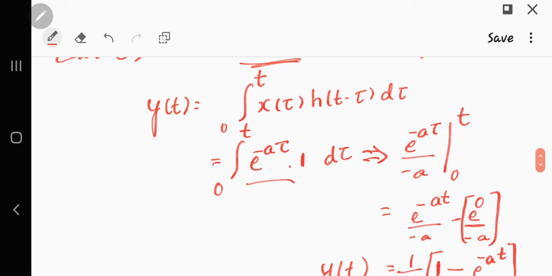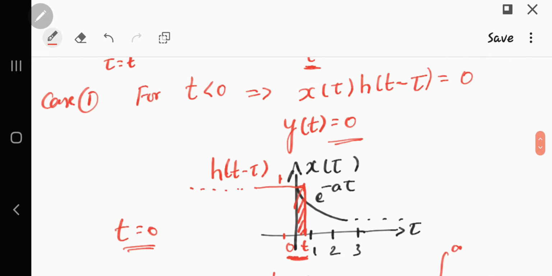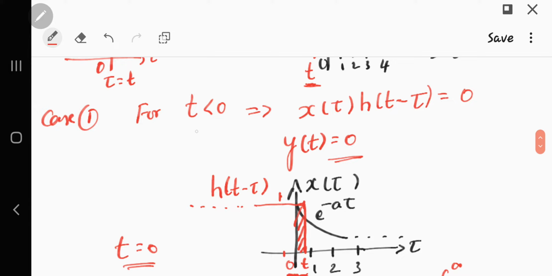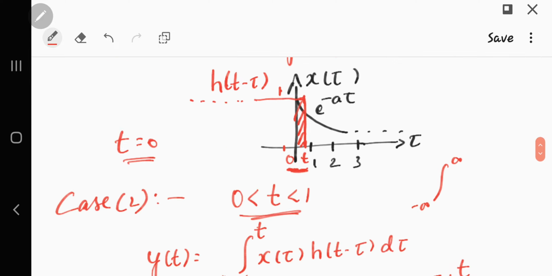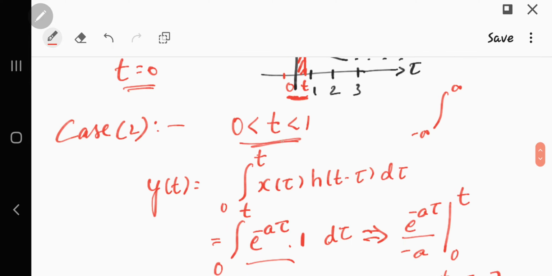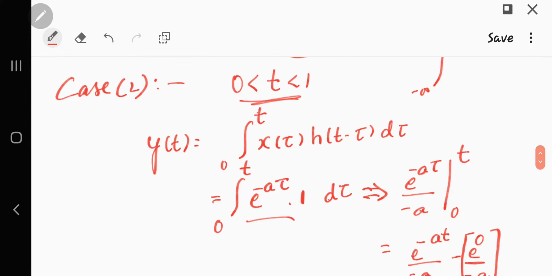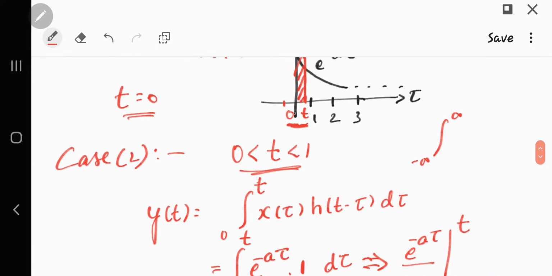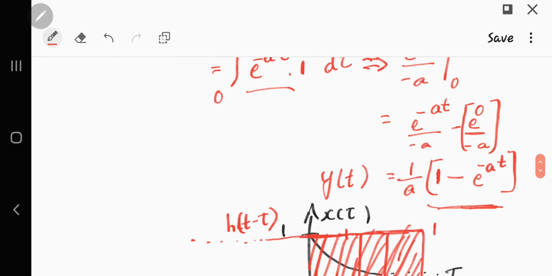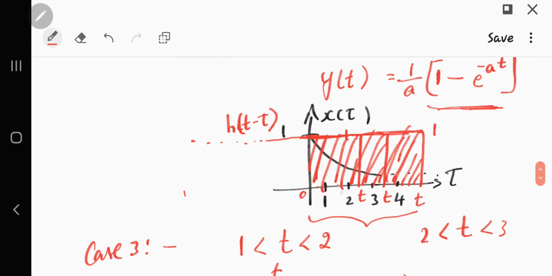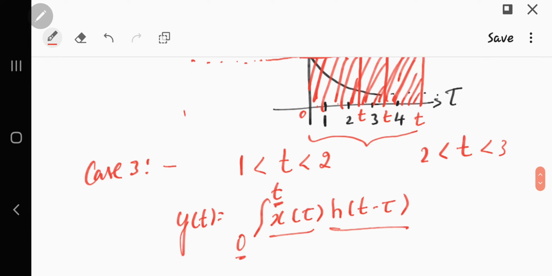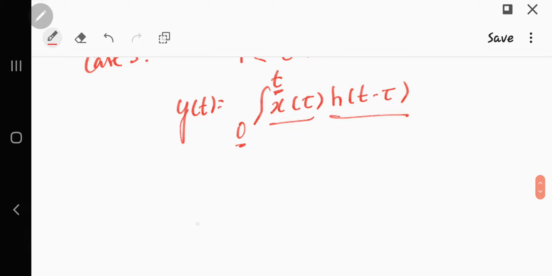The first case is for t less than 0, and since you can see these values are greater than 0 between 0 and 1, and next you can see between 1 and 2, between 2 and 3, 3 and 4, all these cases are greater than 0. So we can simply conclude with two cases.